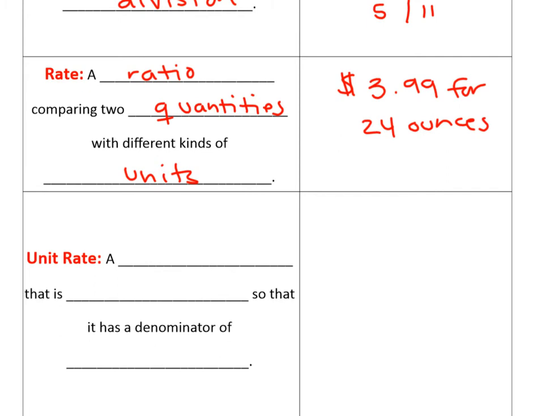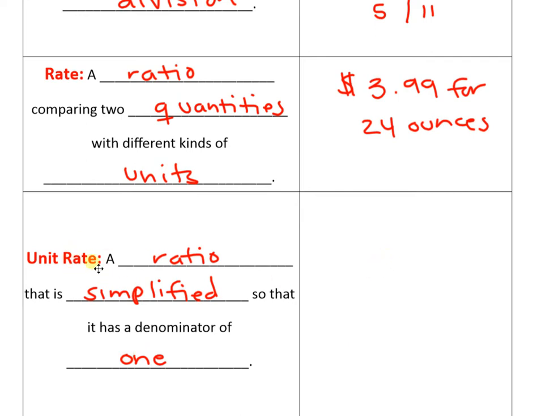Last but not least, we have something called a unit rate. A unit rate is a ratio that is simplified so that it has a denominator of 1. And remember, the denominator is the bottom part of a fraction, okay?